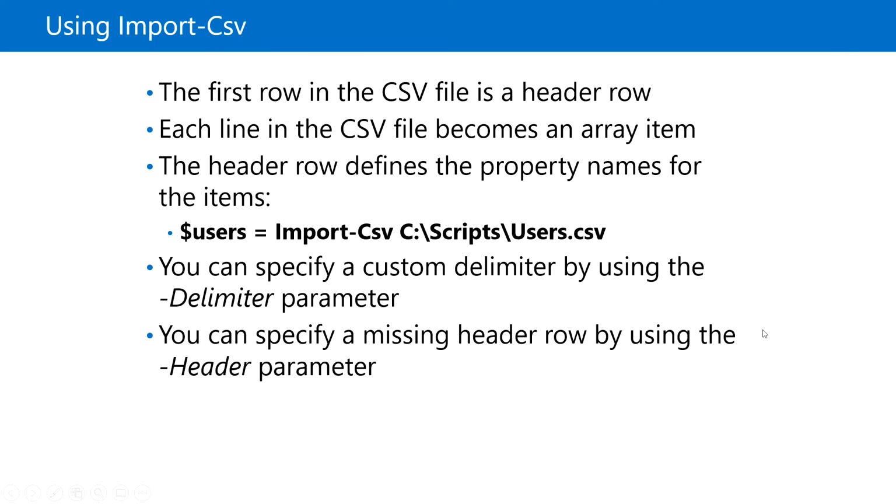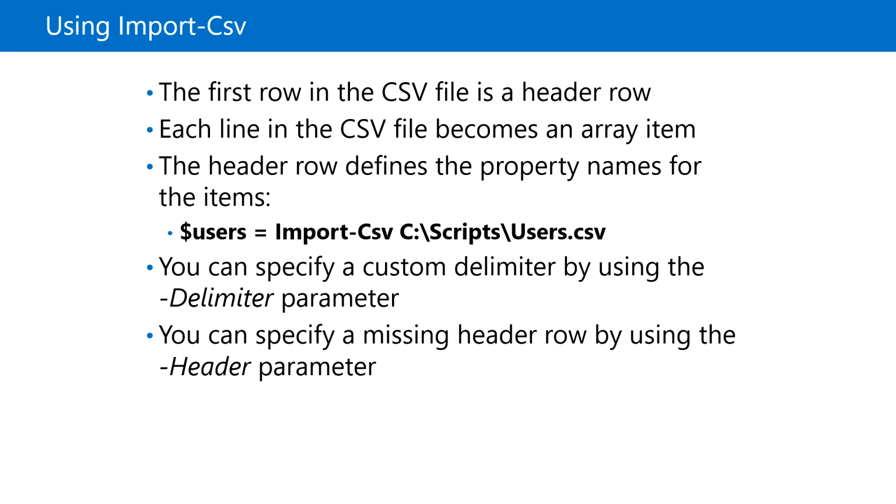Next, we'll see using Import-CSV. Many applications will export data to a CSV file, and we can use the Import-CSV cmdlet to import the CSV file. Once we import the CSV file, each line in that file, except the first row, will become an item in the array.